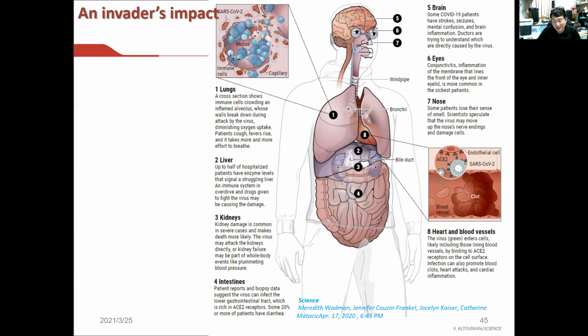Recently in Japan, a vertical transmission from mother to baby has been reported. It's also likely, as a Chinese scientist claimed, that they found virus particles in the semen of male patients.